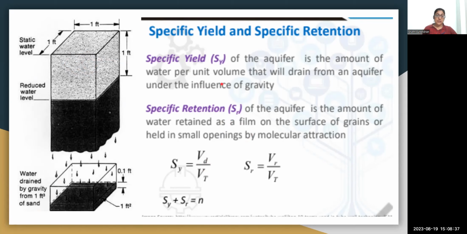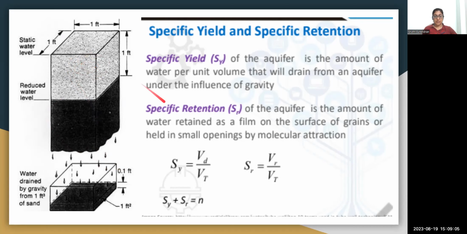In association with this term, we also studied what specific retention is. Specific retention is the amount of water that is retained in the aquifer. Again, if you consider one unit volume of 1 meter cube or 1 centimeter cube or 1 feet cube of aquifer material, after all the water that is drained by gravity is gone, the amount of water retained in the soil or in the aquifer is called the specific retention.